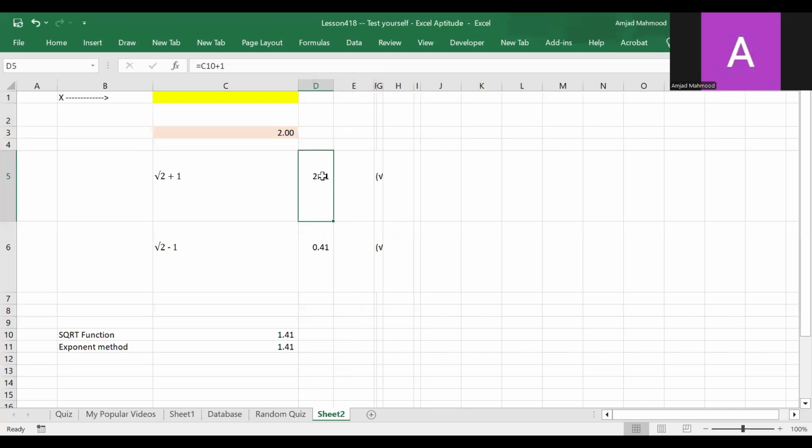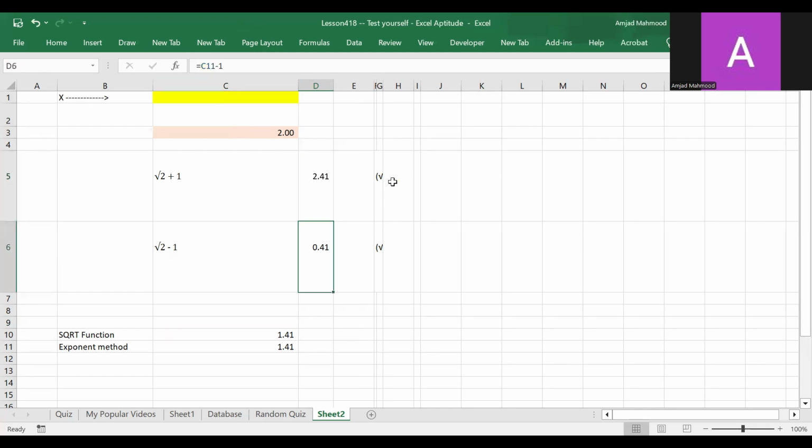We have done it for you. C10 is the square root of 2, because we use the square root function. So C10, that is the square root of 2, plus 1.